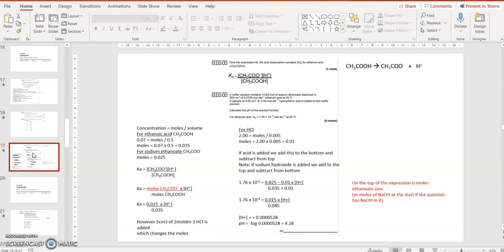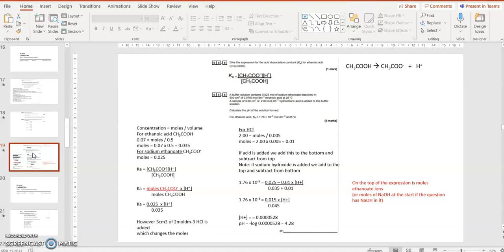Buffers cancel a bracket top and bottom, leaving H+ concentration. Moles of ethanoate ions on the top, or moles of sodium hydroxide that you've added at the beginning. That's the number for the top. The number of moles of acid is at the bottom. That's the number of moles of acid that are left over if there's some kind of neutralization, if there's some excess.